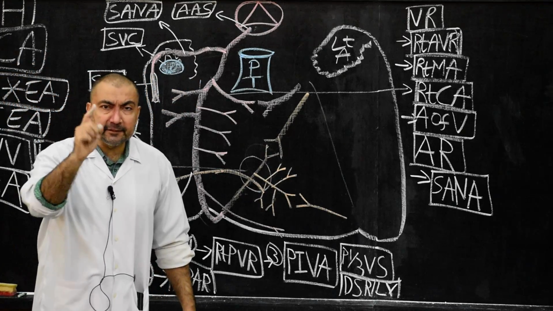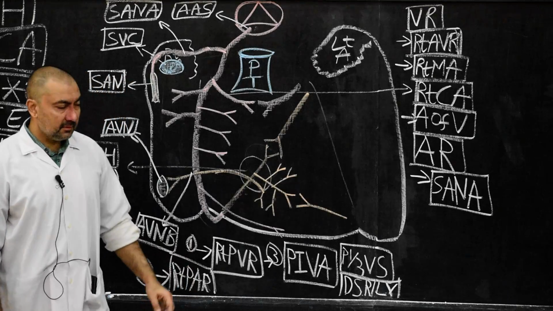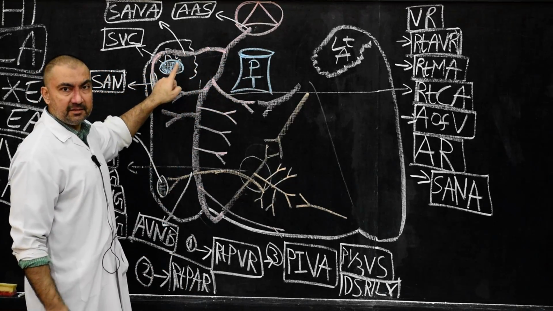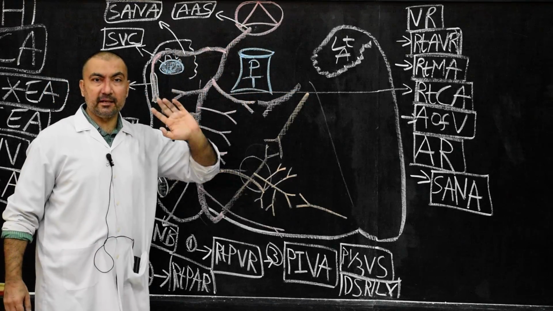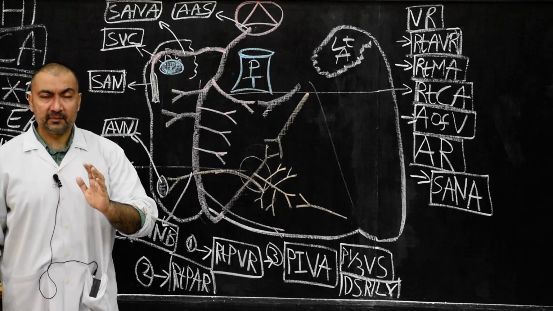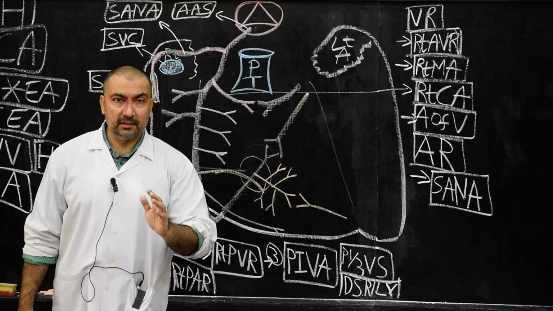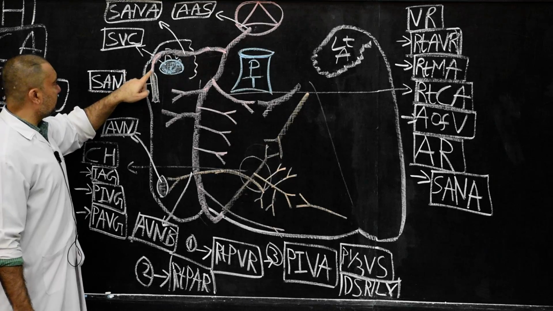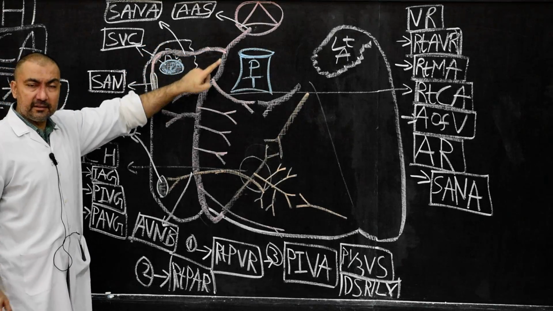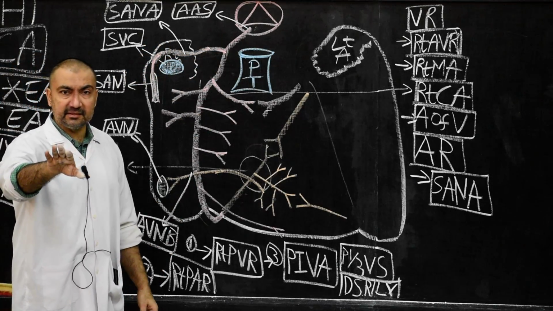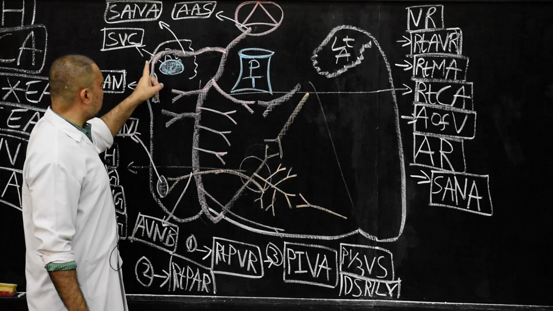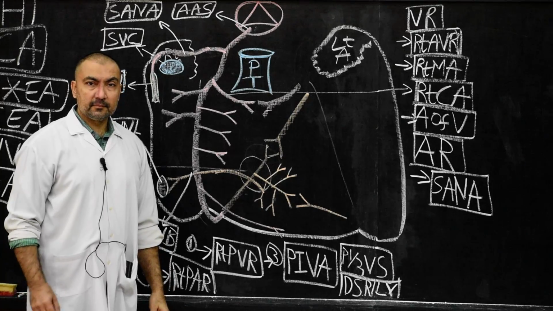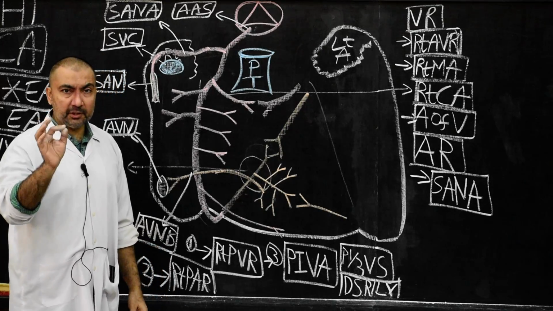And in 35% of cases, this sinoatrial nodal branch is a branch of left coronary artery. Please note it down. This is a very important variation. So only in 65% of cases, the sinoatrial nodal branch is a branch of right coronary artery. In the remaining 35% of cases, this sinoatrial nodal branch is a branch of left coronary artery. This is one very important variation.